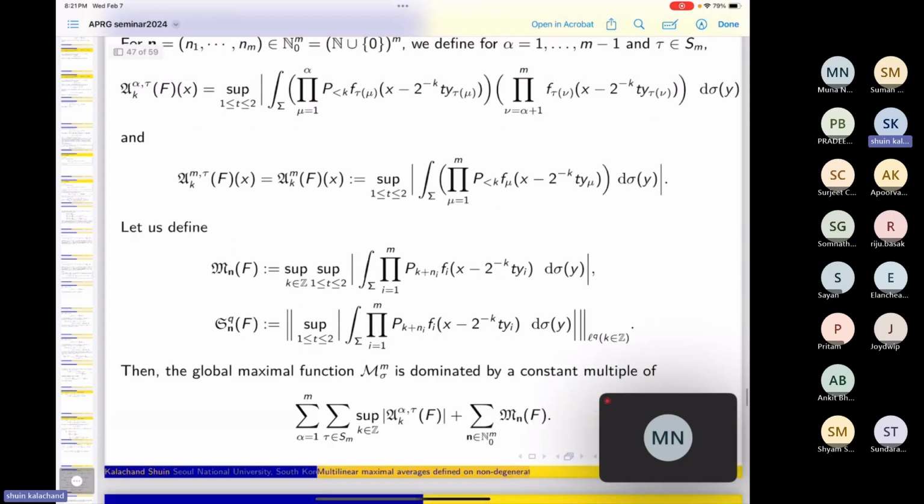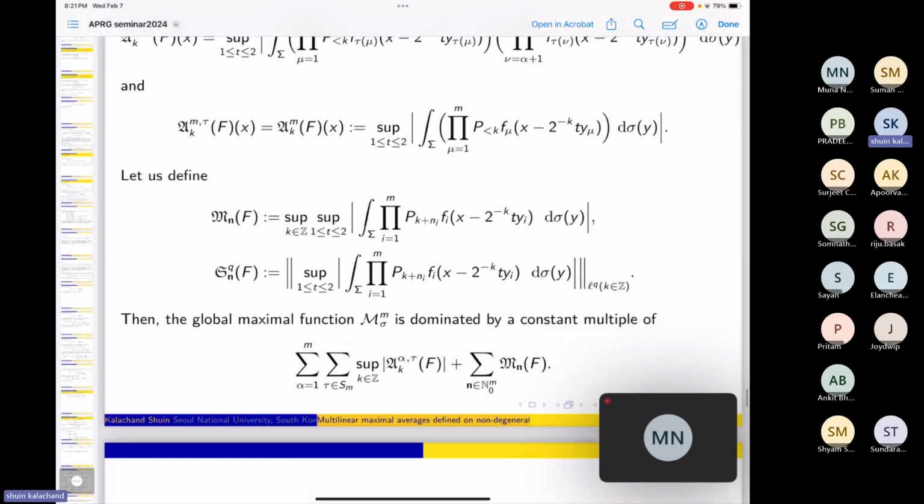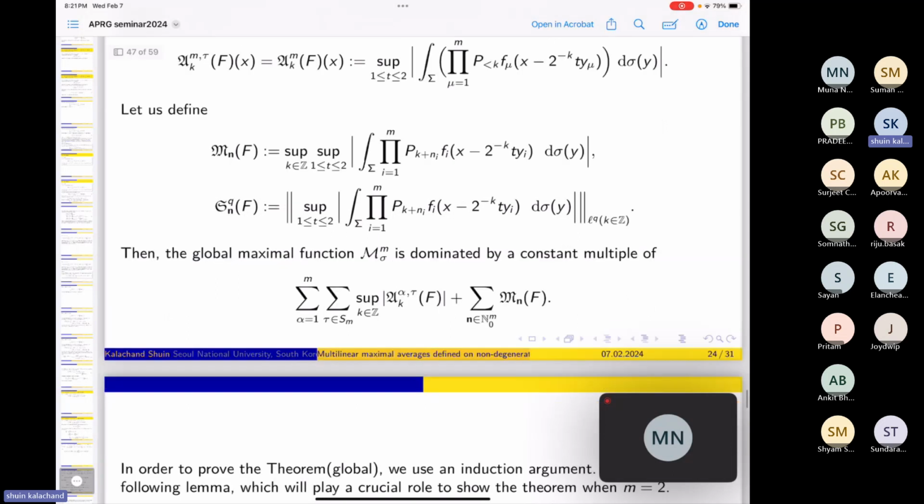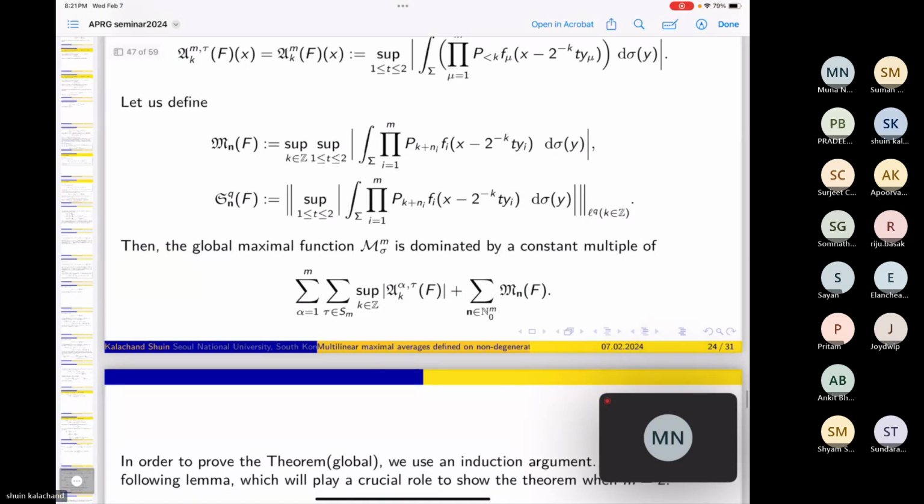Then from this decomposition, you see that the global maximal function is dominated by a constant multiple of the sum of all these operators A alpha tau comma k plus the operator M_n, summed over n belonging to the natural numbers. Therefore, we need to prove the L2 to L2 over m estimate for the operator sup over k of A alpha k and the operator M_n.